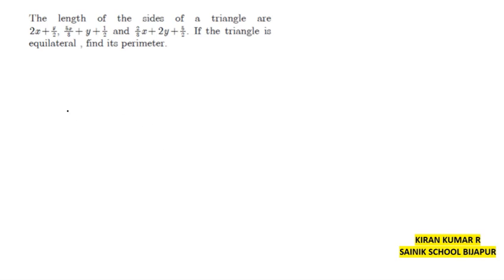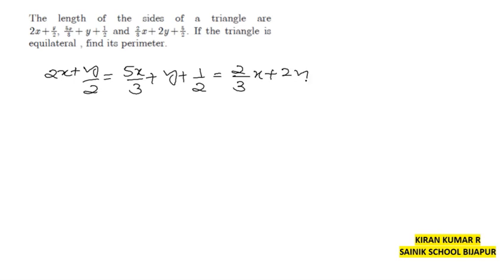So I can consider 2x plus y by 2 equal to 5x by 3 plus y plus 1 by 2 equal to 2 by 3 times x plus 2y plus 5 by 2. I am equating them because all sides are equal in an equilateral triangle.